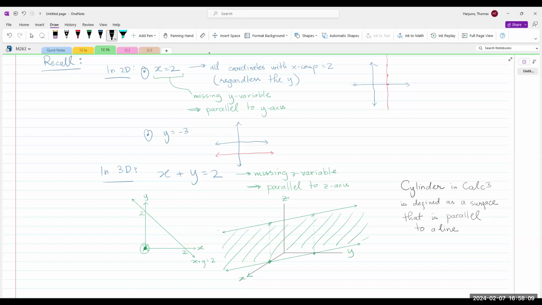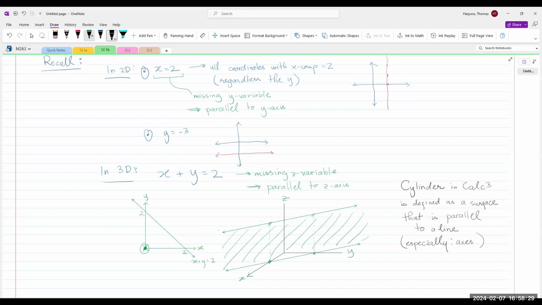Okay, especially for introduction, parallel to one of the axes. Okay, the one we have here, it's parallel to the z-axis.